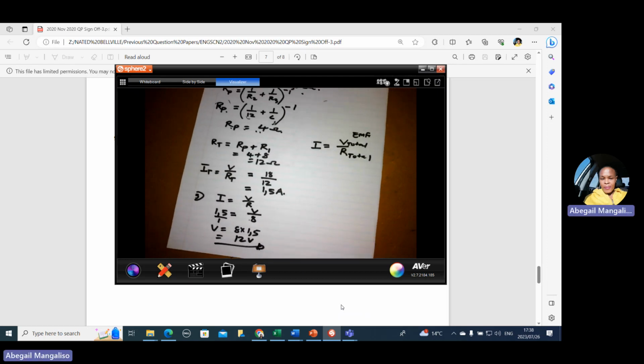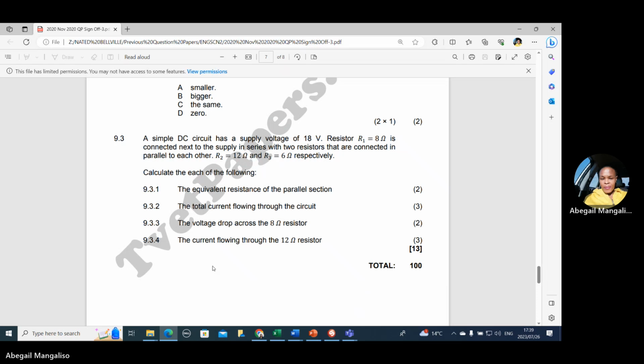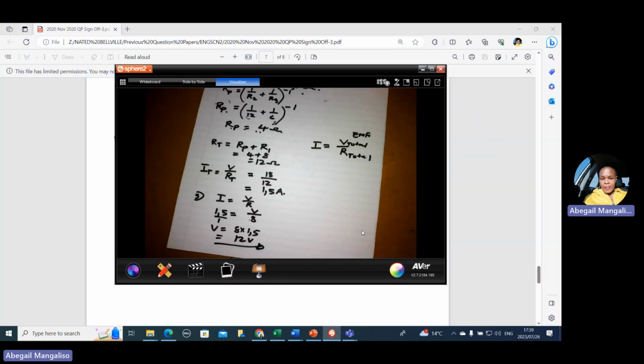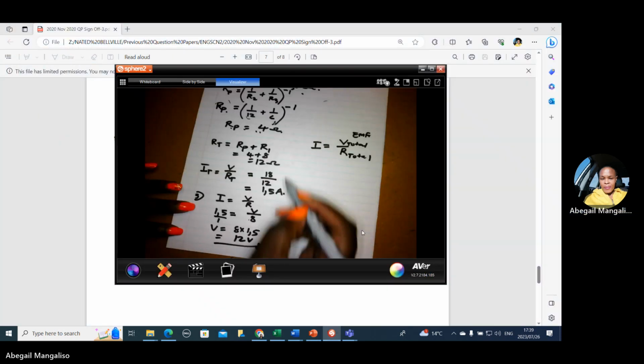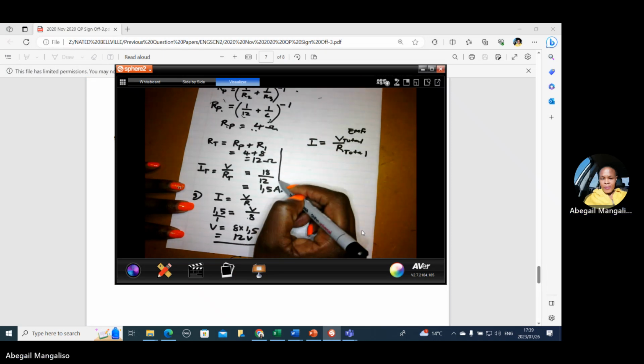The last question says, calculate the current flowing through the 12 ohm resistor, which is the one that is parallel. Let's get that current flowing through the 12 ohm resistor. Number 4.